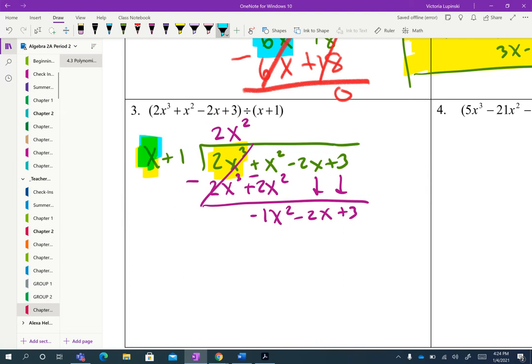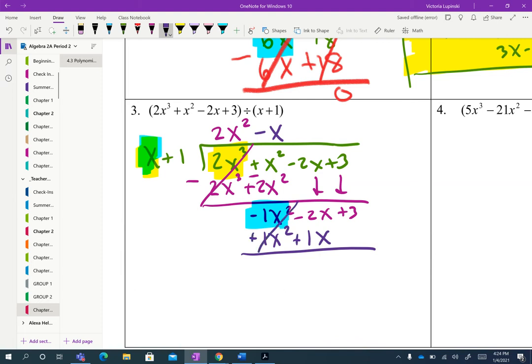And again, in the next round, you're always going to be doing first into first. So positive x times what would give you negative 1x squared. Hopefully what comes to mind is negative x. So that's going to go up top. Negative x times x is negative 1x squared minus 1x. Remember, draw the line, change the signs.